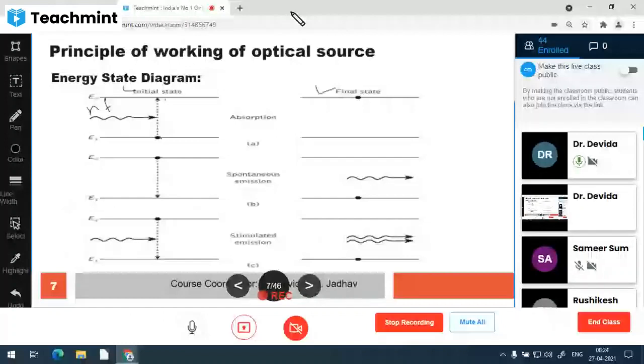In spontaneous emission, the charged particle is already in a higher energy state and randomly it jumps from the higher energy state to the lower energy state. It emits this much amount of energy difference, from conduction to valence, in the form of a photon itself. And the third one is stimulated emission, in which the charged particle is already in the conduction state and an external photon interacts with that charged particle, and the external photon has energy equal to the band gap energy.